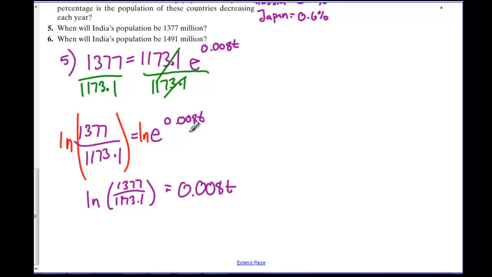And then I don't need to put natural log of e again, because natural log of e is the same thing as multiplying by 1. So our last step is just dividing both sides by 0.008.